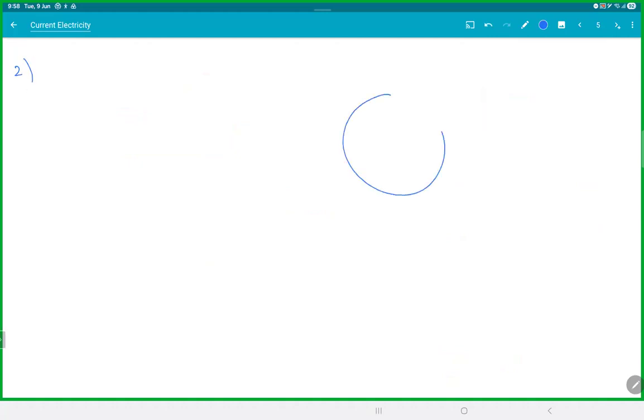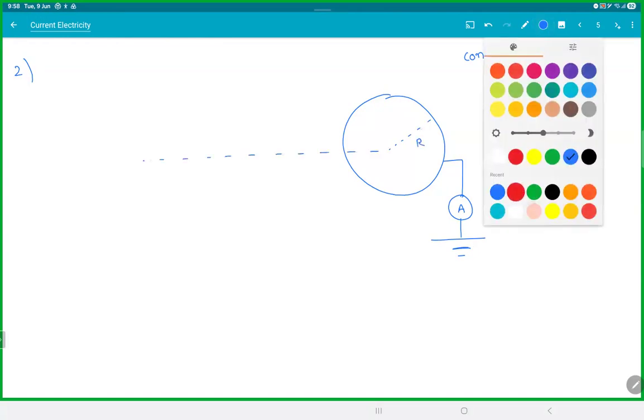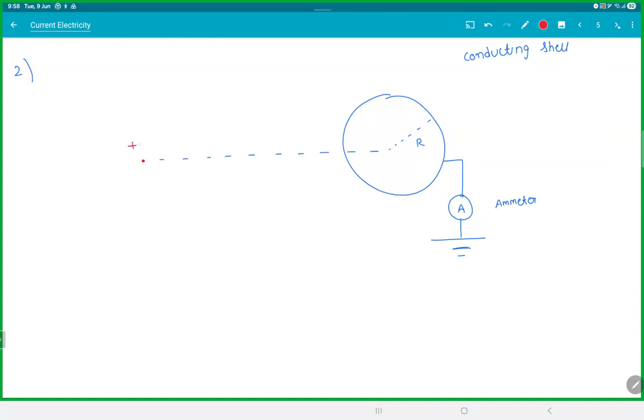Next one. Let's say we have a conducting shell. We have an ammeter and this is grounded. What is an ammeter? It measures current. This is a conducting shell of radius r. At a distance, we have a charge q going with speed u towards the center.